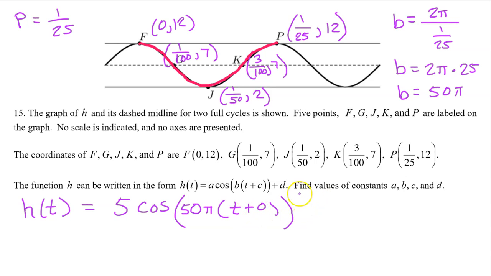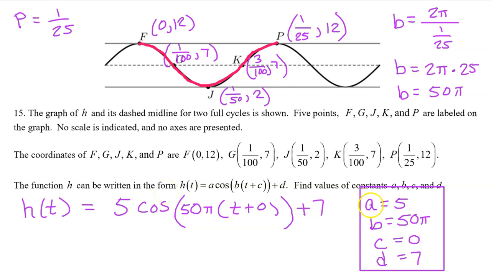That just leaves the d value, which corresponds to the midline. And looking at these output values for the points that are on the midline, I see that the midline is at y equals 7. So the d value is positive 7. Easy peasy. And that's it for number 15. You can either record your answer like this, or leave it like this.